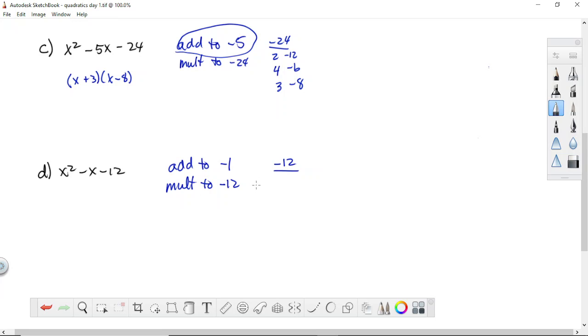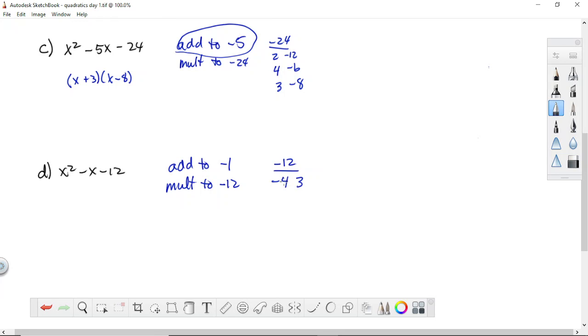One of the numbers will be negative, one will be positive, and they're only one different from each other, because when we take that negative one, which is going to be the larger one, plus the positive one, we only get negative 1. The negative one is just one larger as far as its absolute value than the positive one. So we think about it, and yeah, that's negative 4 and 3.